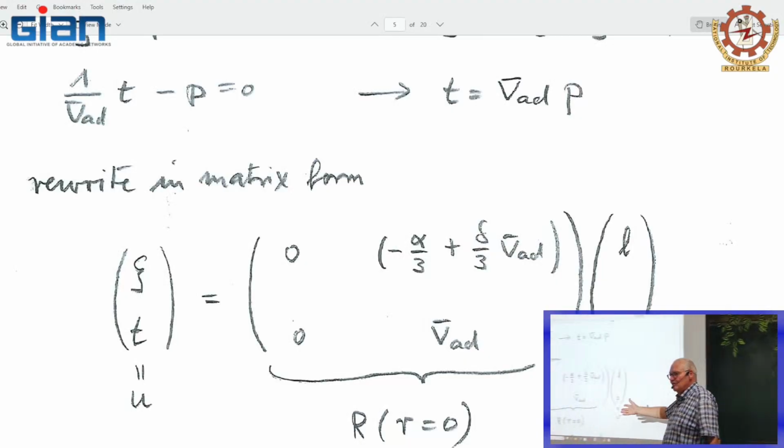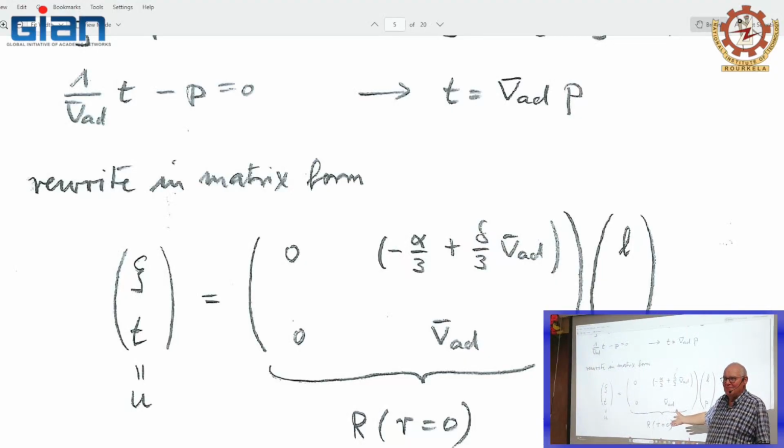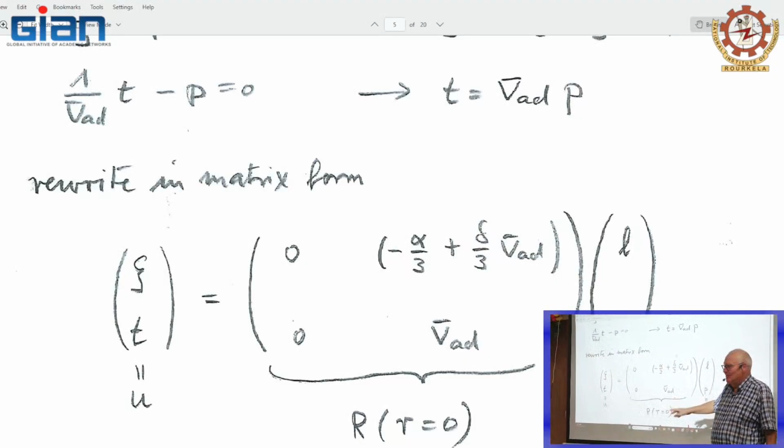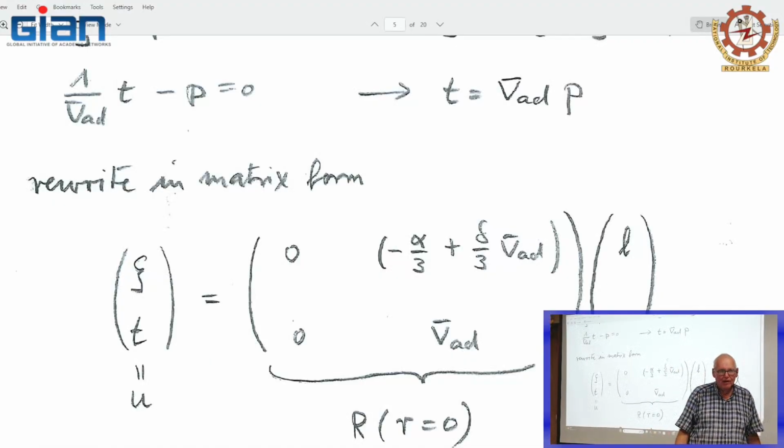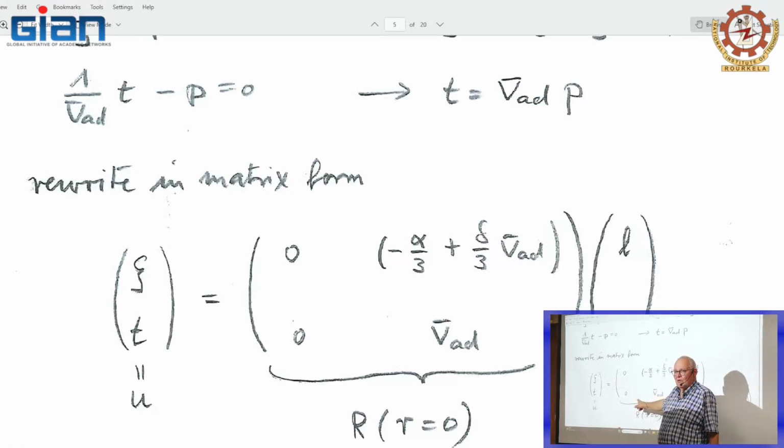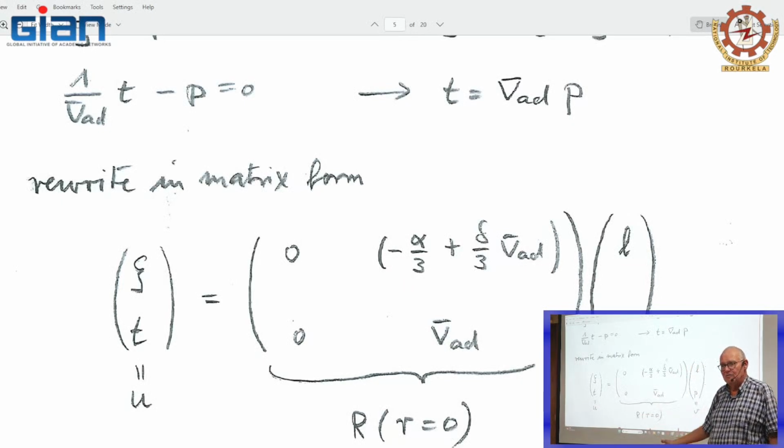Is there any degree of freedom in our Riccati matrix? Well, alpha, delta, nabla adiabatic are known from our background model, from the hydrostatic model. So all these coefficients are known, precisely known. There is no degree of freedom, there is no choice how to choose the Riccati matrix at R equal to 0. The same is true for the Riccati matrix at the outer boundary.